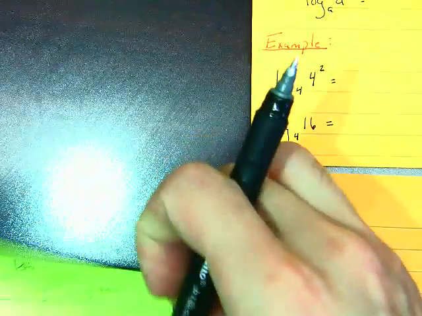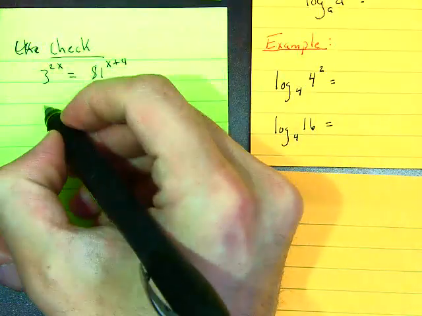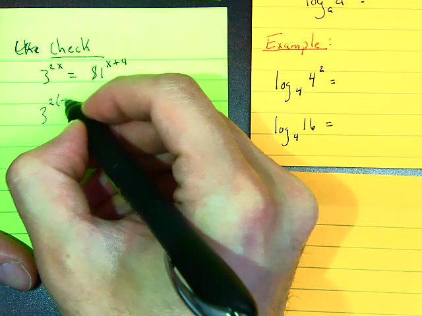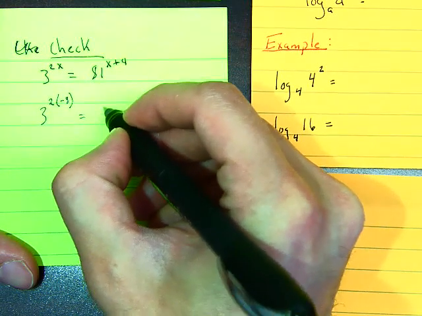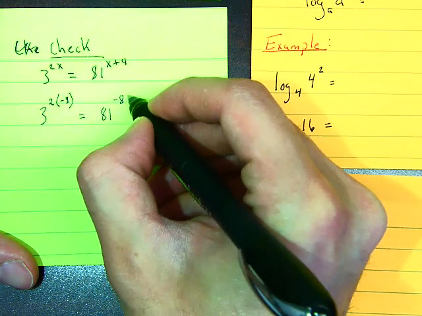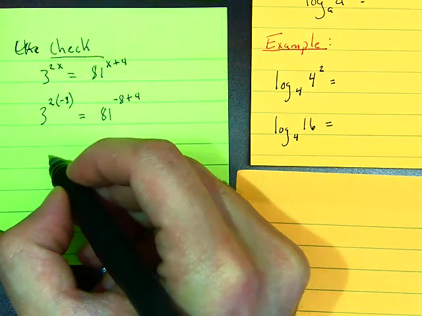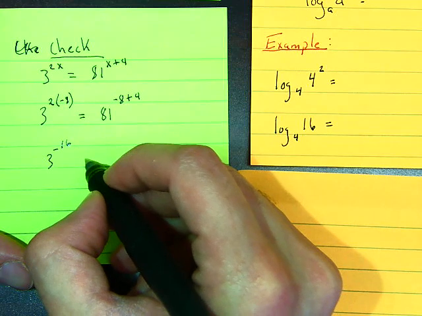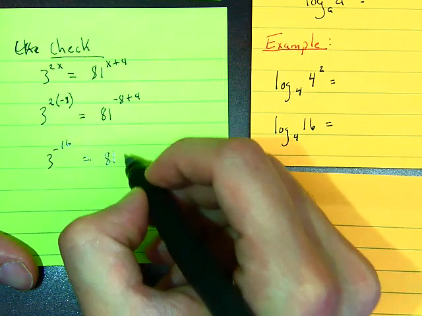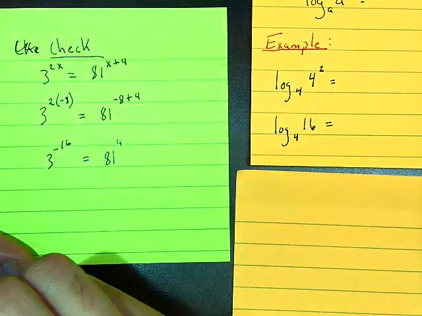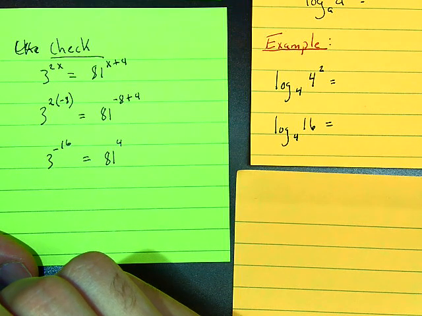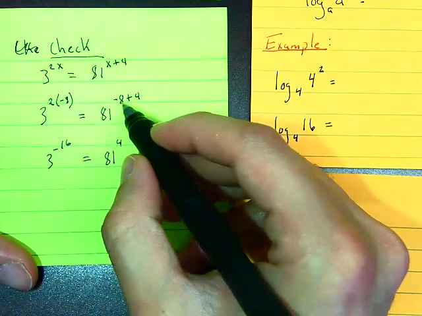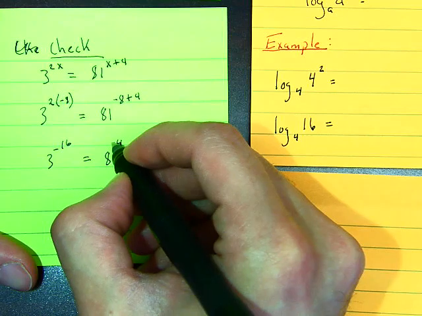So here, 3 to the 2 times negative 8 is equal to 81 to the negative 8 plus 4. So this is 3 to the negative 16 is equal to 81 to the 4. Let's see, negative 8 plus 4, I'm sorry, that's a negative 4.